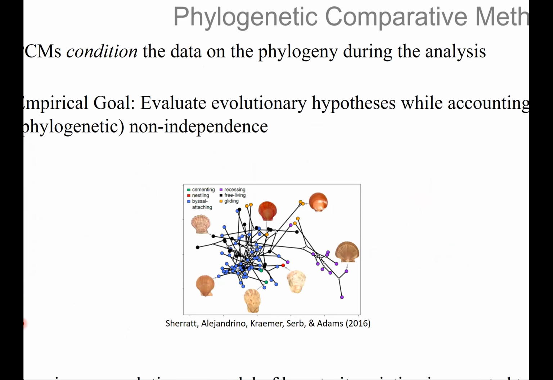What these methods do under the hood is that they condition the data on the phylogeny during the analysis. And of course, our goal with this is to evaluate evolutionary hypotheses while simultaneously accounting for the fact that our observations are correlated. Doing this statistically turns out to be relatively simple if you know a few things.